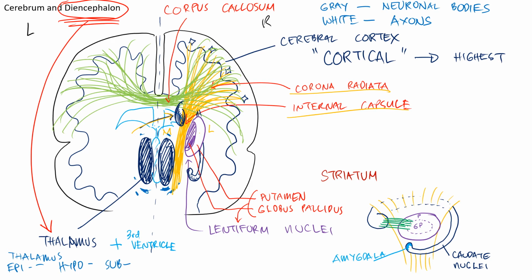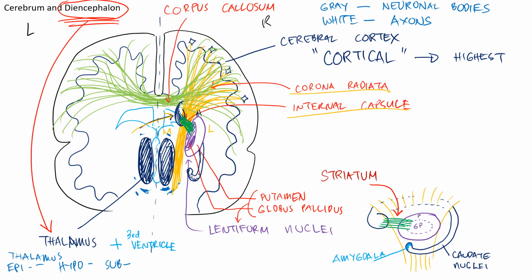So we'll look at it in your coronal section. Your striatum is basically the connection between the head of your caudate nucleus and your globus pallidus. So this is your striatum.